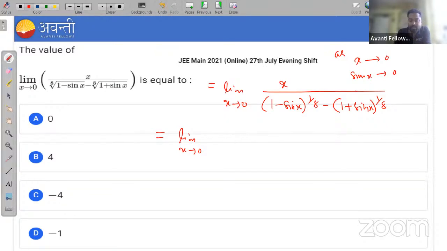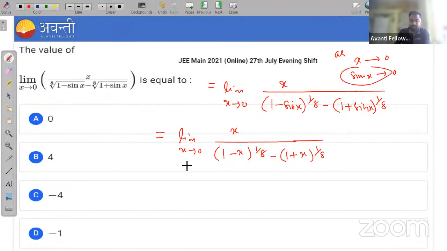So this becomes x upon 1 minus x to the power 1 by 8 minus 1 plus x to the power 1 by 8, where in place of x I'm just using sin x.